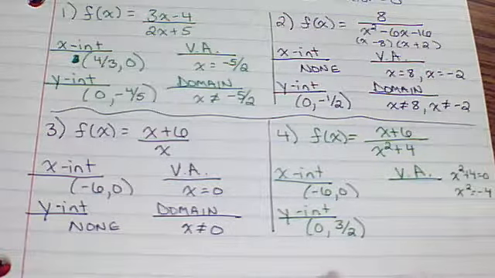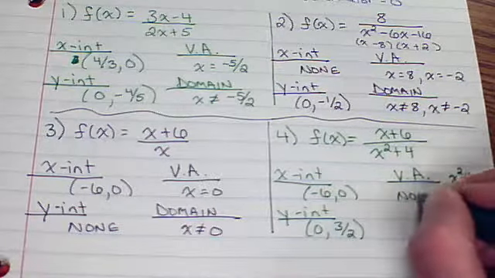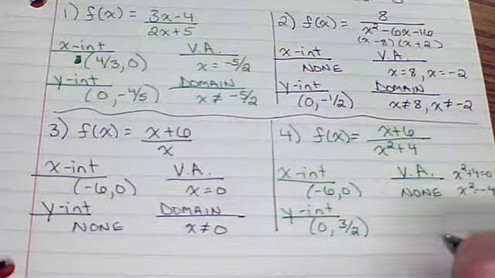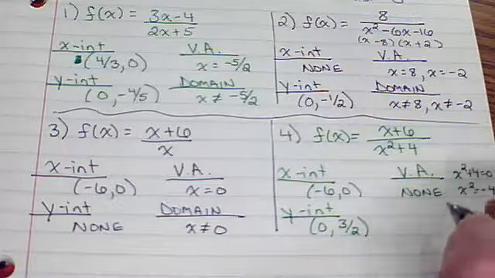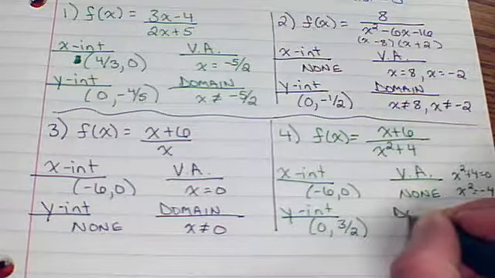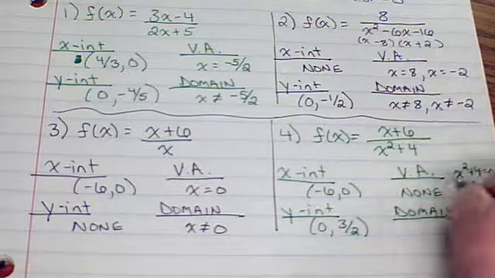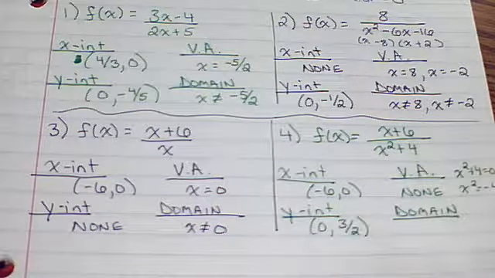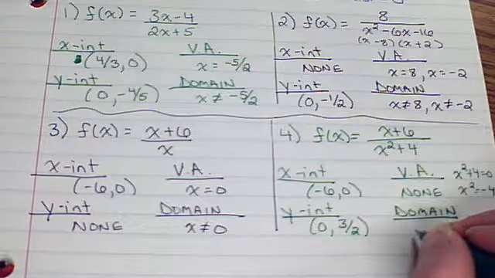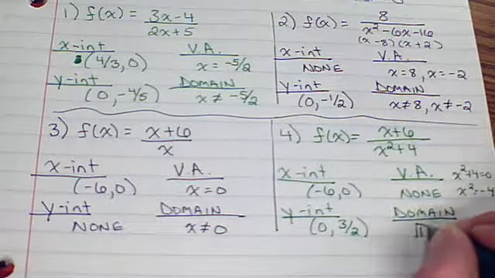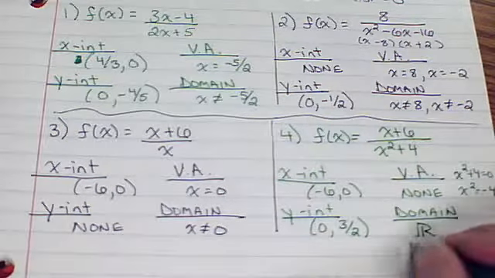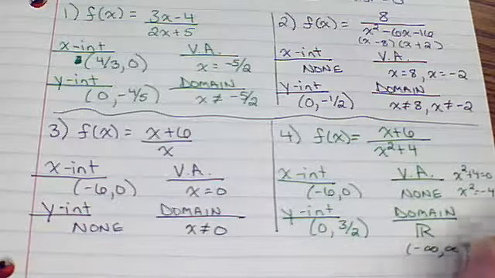Can something squared ever be negative? No. So this one actually has no vertical asymptotes. It happens that way sometimes. So that means if I don't have any restrictions on my x values, then it's all real numbers. Remember, you can do the fancy R, you could do negative infinity to infinity, whichever one you prefer.